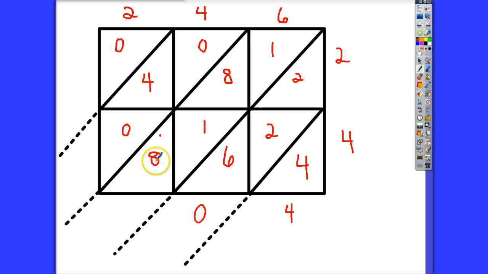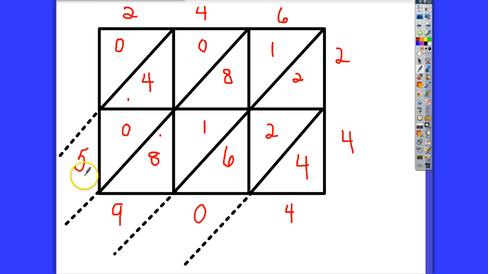Okay? 8 plus 1 is 9, plus 1 is 10, plus 8 is 18, plus 1 more is 19. I'm going to put the 9 and carry the 1. 4 plus 1 is 5, and then I have zeros. So 0 times any number gives you 0.